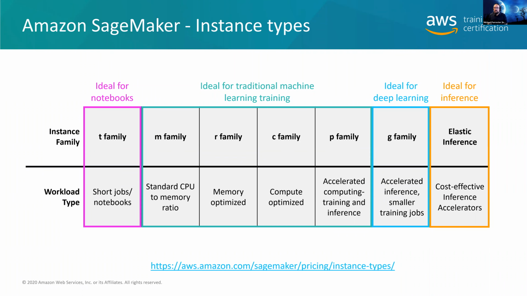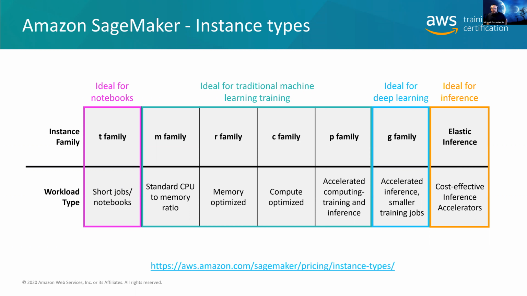Now, elastic inference is interesting because elastic inference basically allows you to attach GPUs to any of these systems and get an amazing amount of horsepower out of these boxes. It is one of the cheapest ways, by the way, to take a low-cost instance and add a bunch of GPU horsepower to it, which is kind of a simple way to say that, but it basically adds GPU level horsepower to it, so you can make inferences easier, predictions easier.